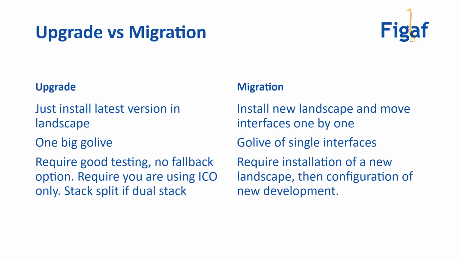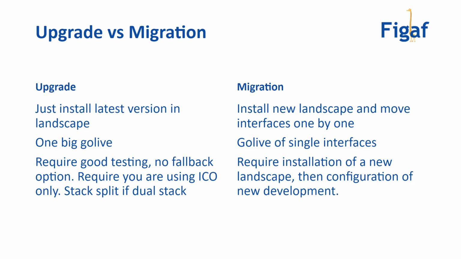If you have a complex scenario doing other things, a migration is probably the way to go. The idea is you just install a new landscape complete with all the different scenarios you need. Then you can go live with 5 interfaces at a time, see how the system performs, and if there are any bad things, you can always fall back on your existing infrastructure.